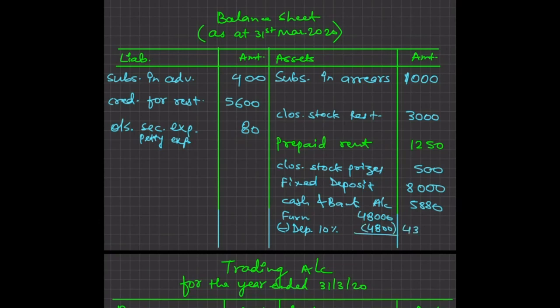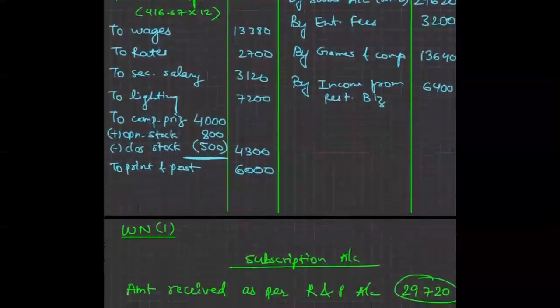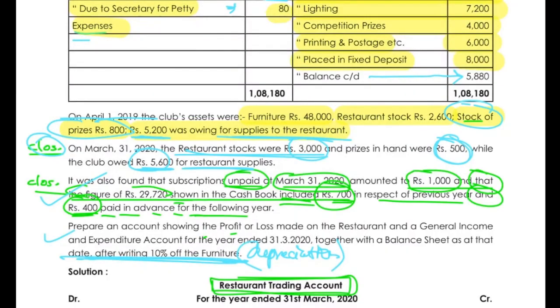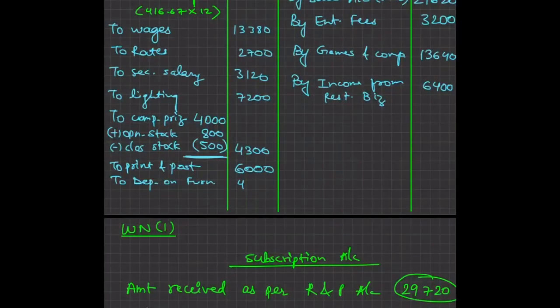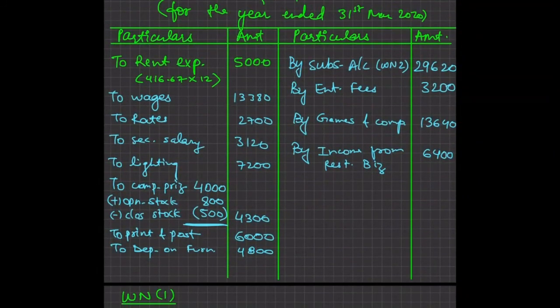So my balance of furniture would be 43,200, and this expense will go to my income and expenditure account to depreciation on furniture. That would be 4,800. That would be the depreciation which we need to consider for the furniture account.